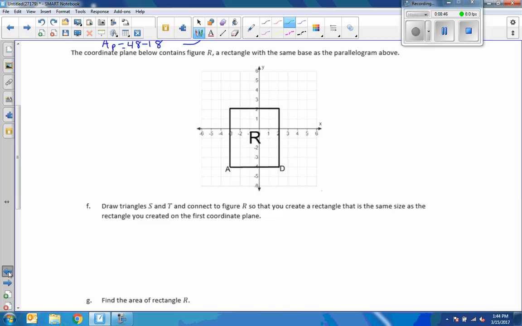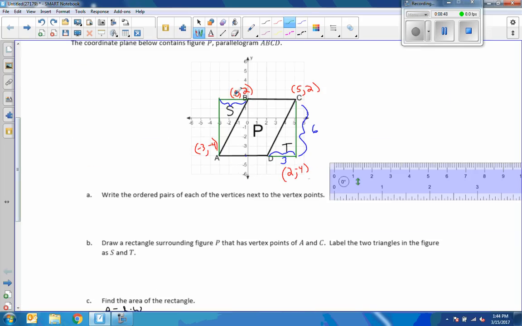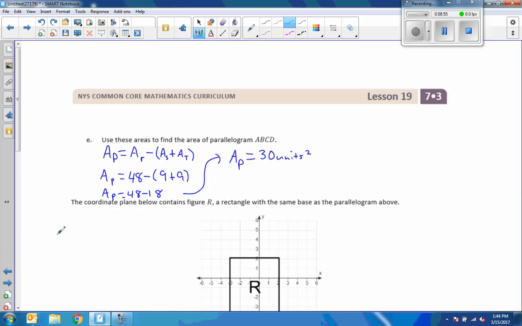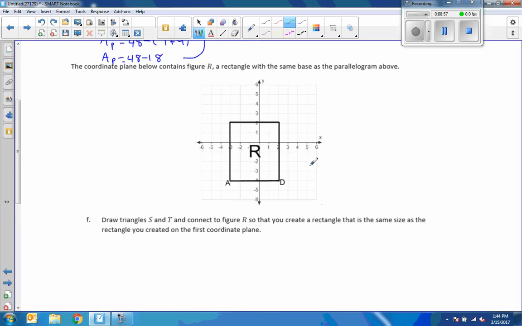So if I go back and look at my diagram, I had a rectangle that had a base of 3 and a height of 6. So if I add that to this, then this would come out 3 and go up 6.